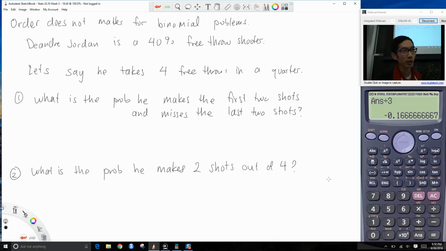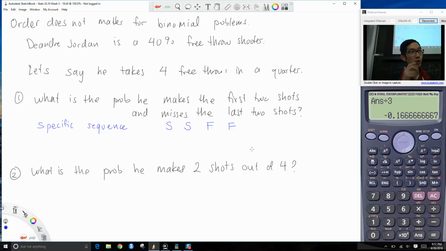Which one is the binomial problem? The second one, okay? Because in the first one, we are asking for a specific sequence of events. And what is that specific sequence? Success, success, fail, fail, right? He has to make the first 2 shots and he has to miss the last 2 shots.